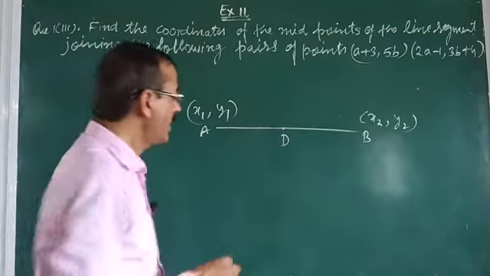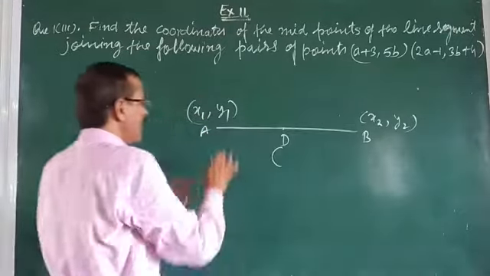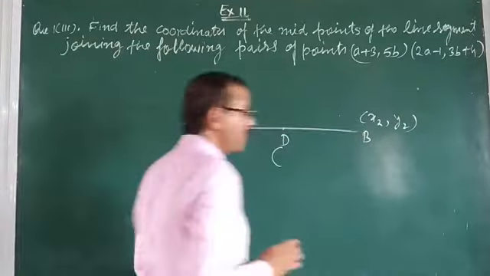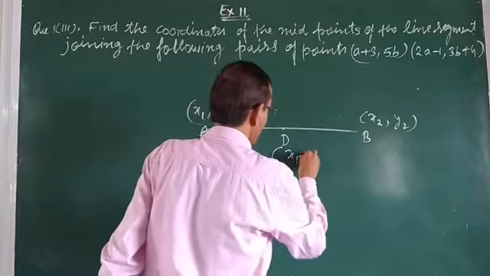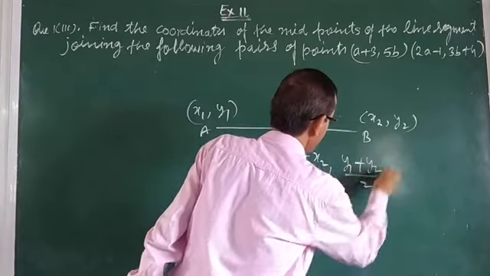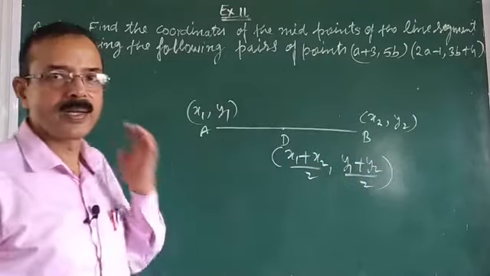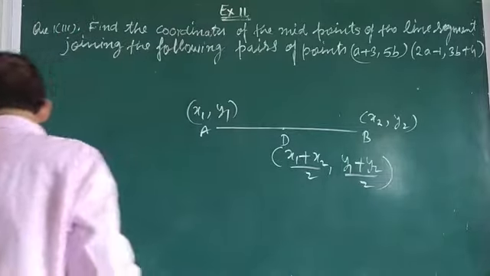What was the formula? The formula was sum of abscissa upon 2 and sum of ordinate upon 2. Right? So you have to use (x1 plus x2) upon 2, (y1 plus y2) upon 2 to find the midpoint. Is that clear? The same formula you have to apply here.